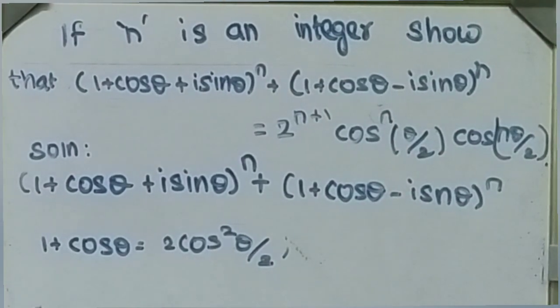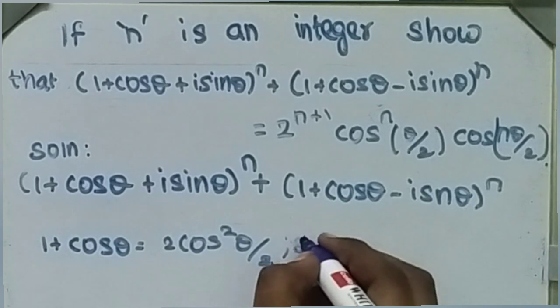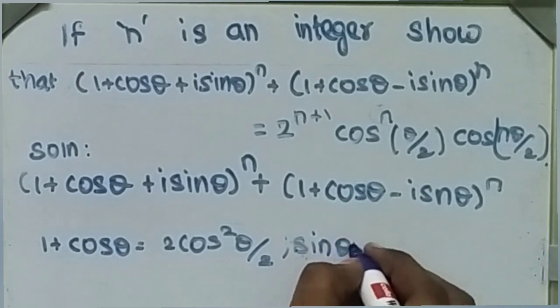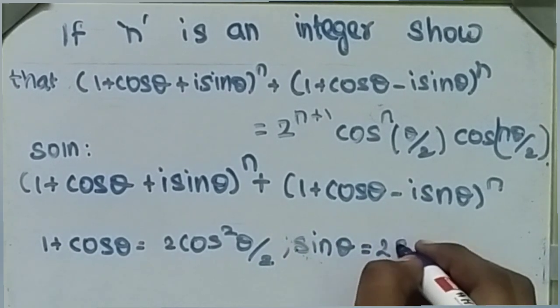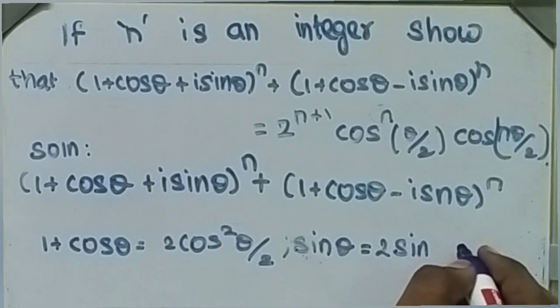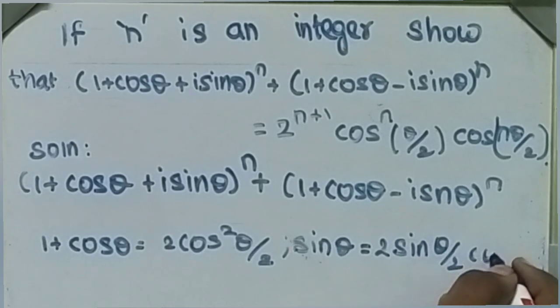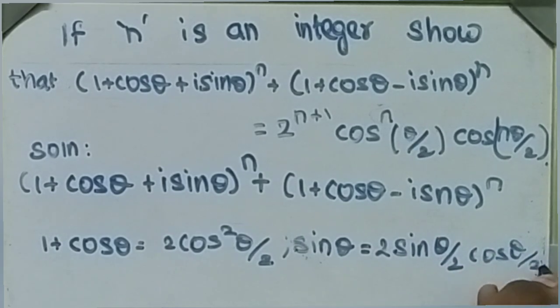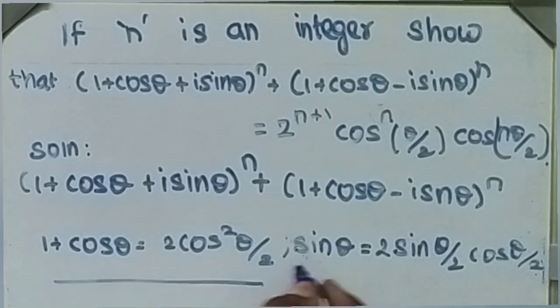So what is the first formula we have? 1 plus cos theta equals 2 cos square theta by 2. What is the second formula? Sin theta equals 2 sin theta by 2 cos theta by 2. Right? We are going to substitute these two formulas.